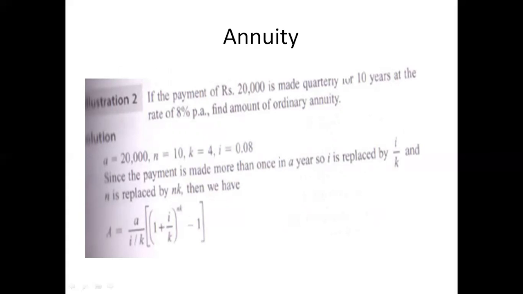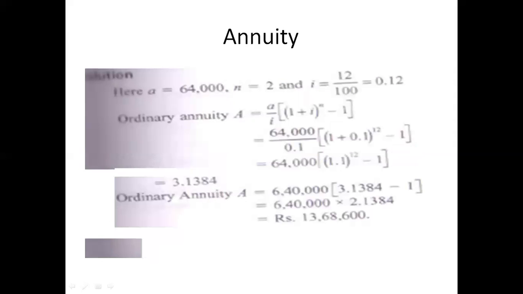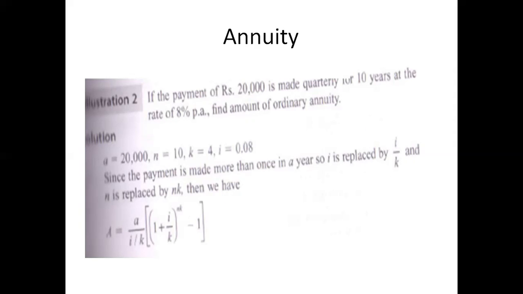The previous problem was similar to this, but the difference is 10 years at the rate of 8%. Here we have a small problem. In the previous problem, we had I and we did not have a K because the interest was paid annually.